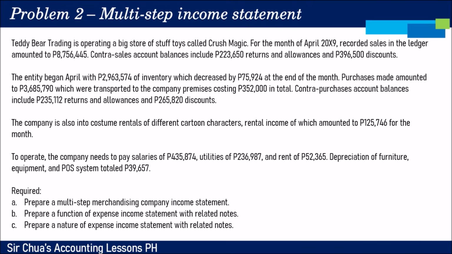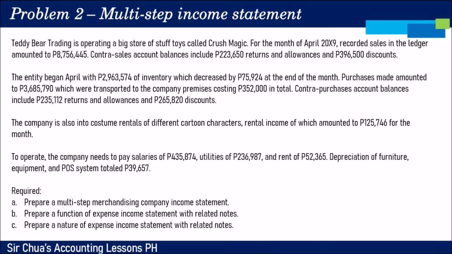To operate, the company needs to pay salaries of 435,874, utilities of 236,987, and rent of 52,365. Depreciation of furniture, equipment, and POS system or point of sale system totaled 39,657, and we are to prepare the multi-step merchandising company income statement. Later na po natin pag-usapan yung requirement B and requirement C.